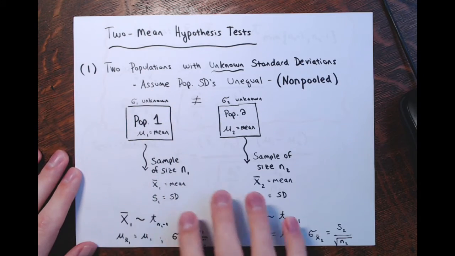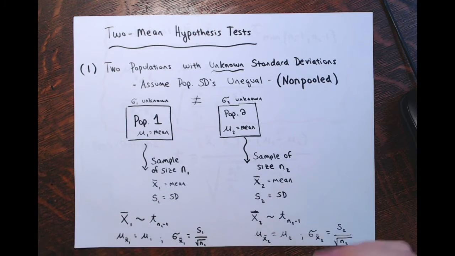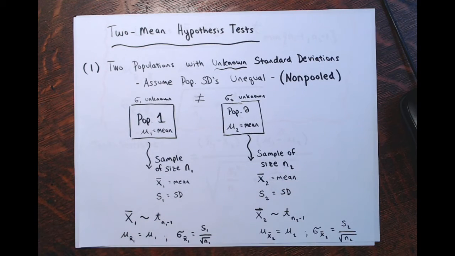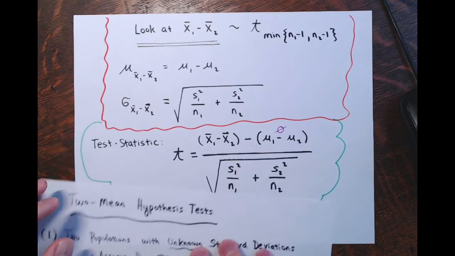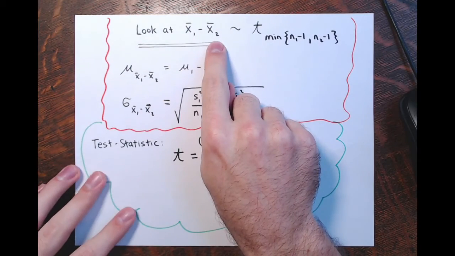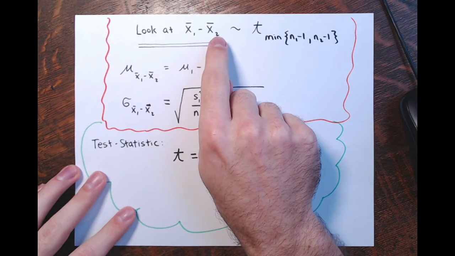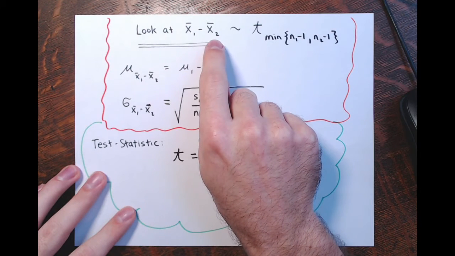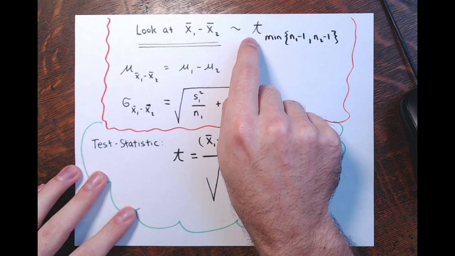You're taking samples from different populations and you get sample means, two sample standard deviations, different degrees of freedom. But then you're looking at the difference in these sample means, x1 bar minus x2 bar. In this non-pooled scenario, the distribution of x1 bar minus x2 bar is going to be a student's t-distribution.